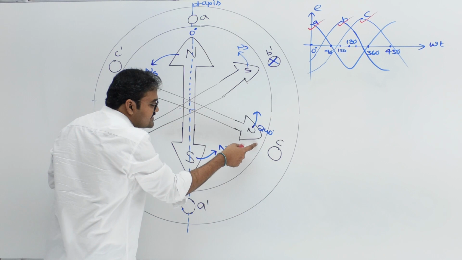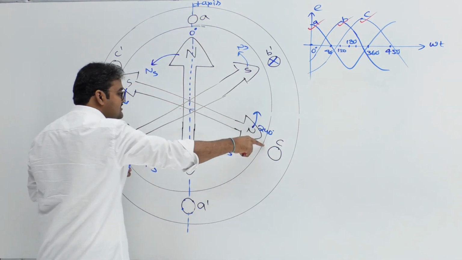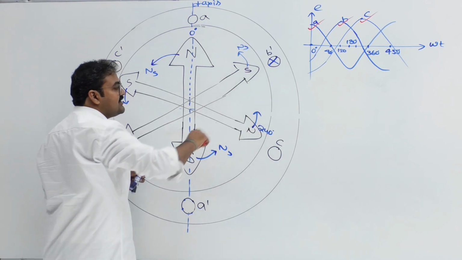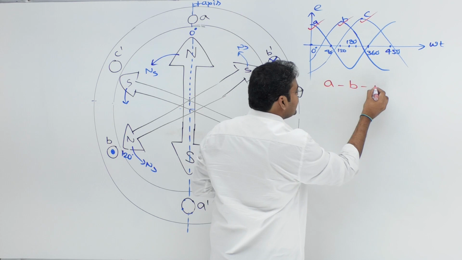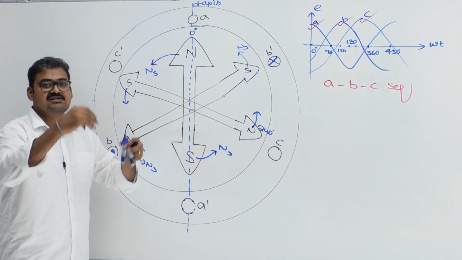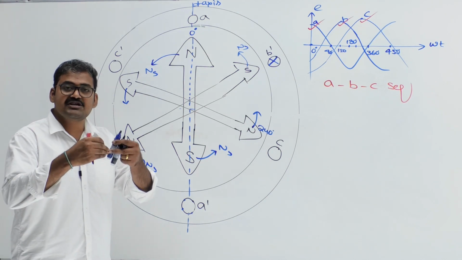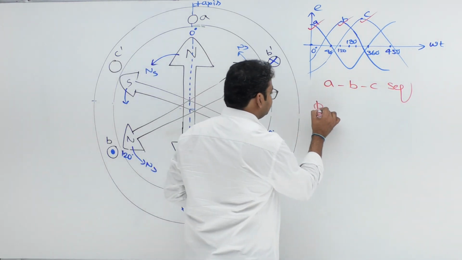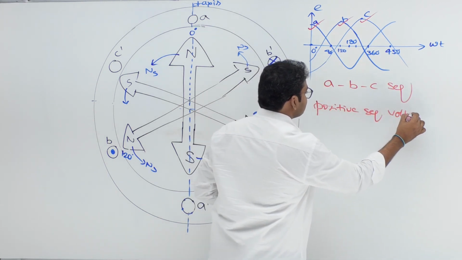After C, can I say one more 120 degrees, again A voltage, again B, C, A, B, C. Therefore, the phase sequence what you are able to get here is A, B, C sequence. That is nothing but positive sequence voltage is generated.